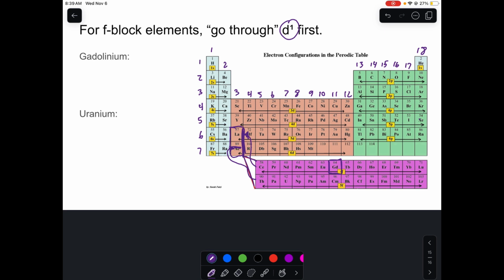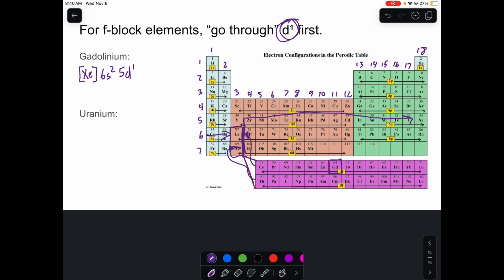So, going up and over, it's going to be xenon. After xenon, we have 6s2. After that, remember we're going to go through the D1 first. So we're going to go 5D1 because we dropped down.